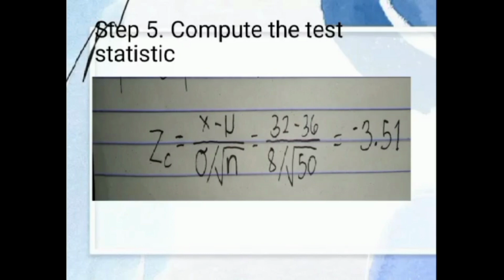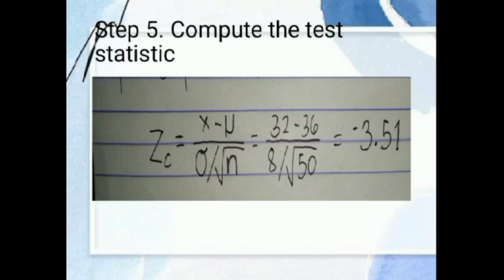Step 5. Compute the test statistic. We have here the formula: Z equals X minus claim, divided by the standard deviation over the square root of n, where n is our sample size.